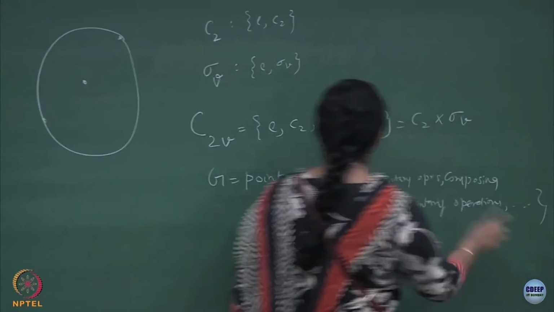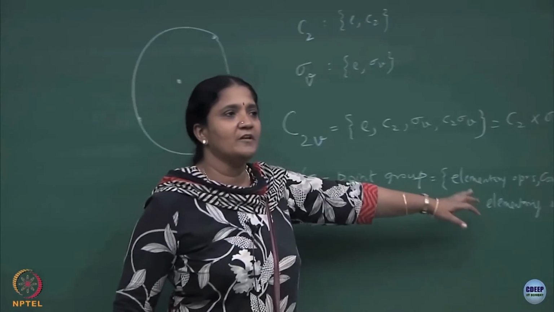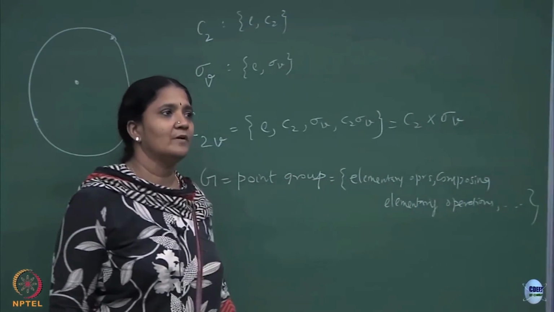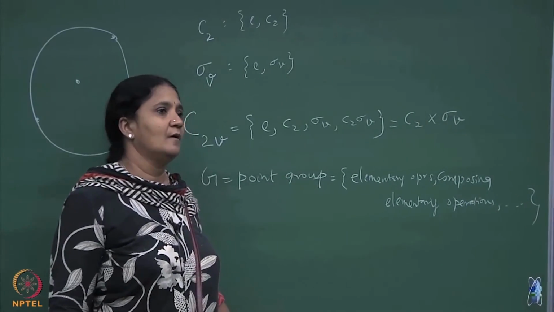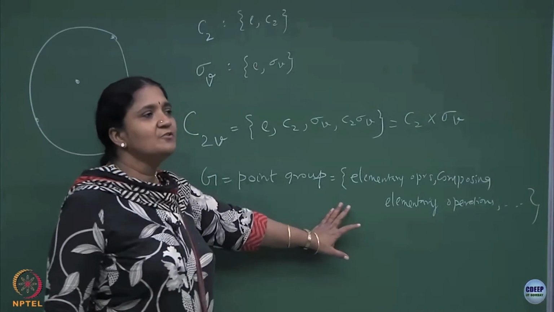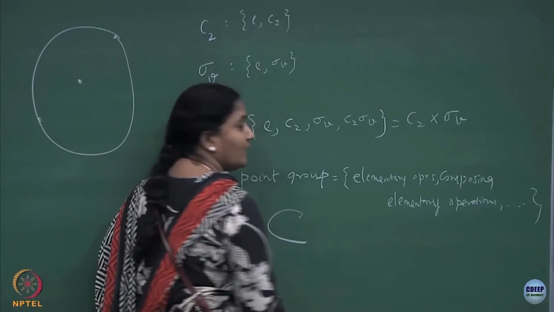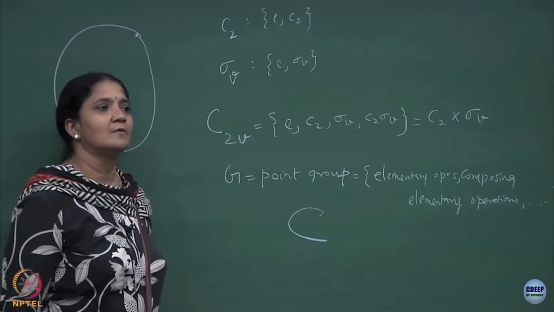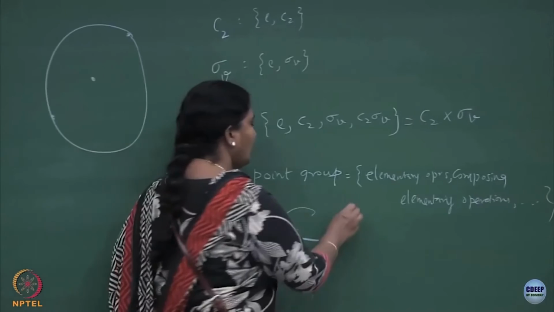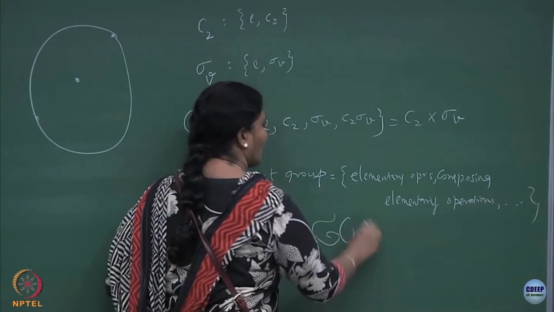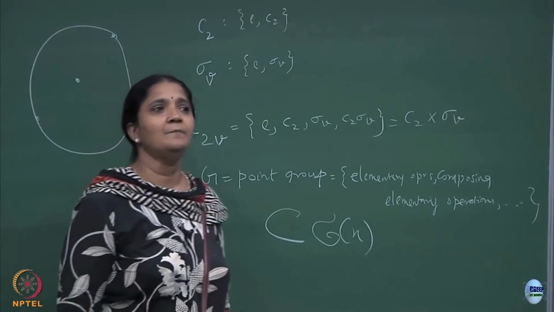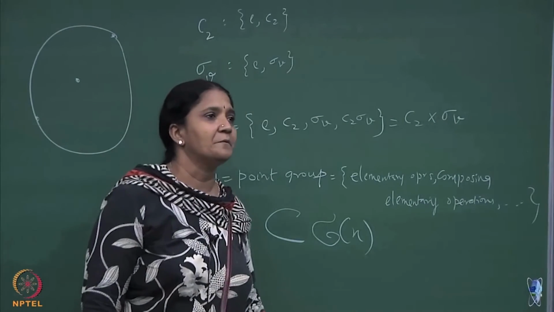And that set should satisfy the 4 axioms of the group. Okay. And each of these groups which you are going to find will always be a subset of some symmetry group. What is that theorem? Cayley's theorem.